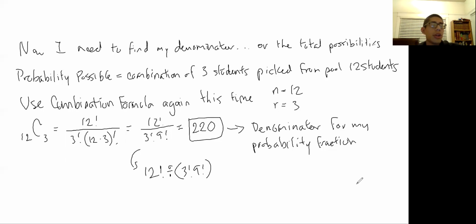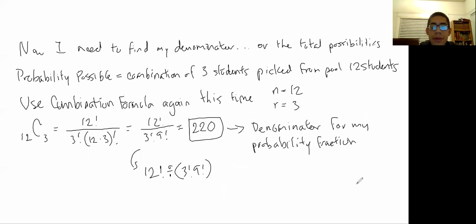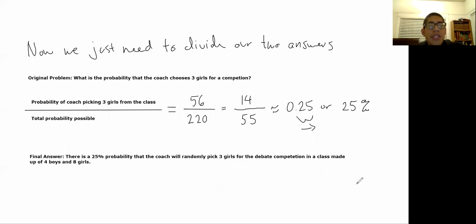So now I have my numerator and I have my denominator. Now all we need to do to finish our problem is divide our two answers. So our original problem: what is the probability of the coach choosing 3 girls for the competition?